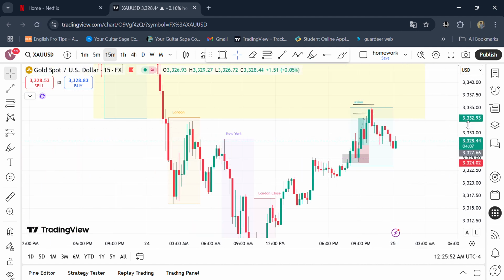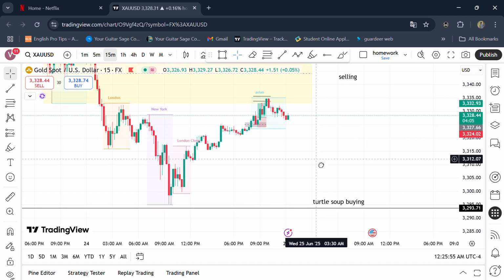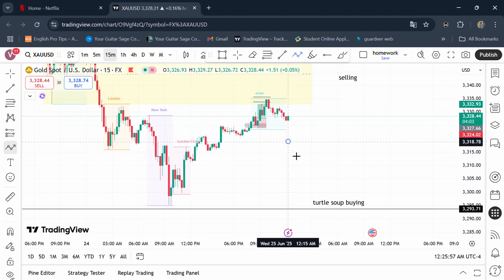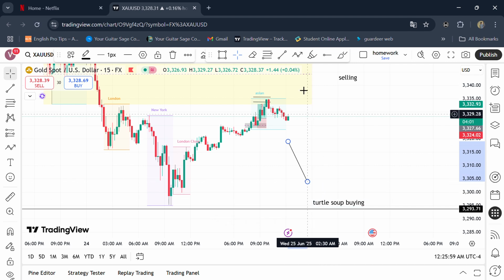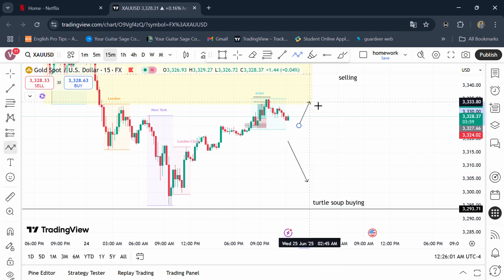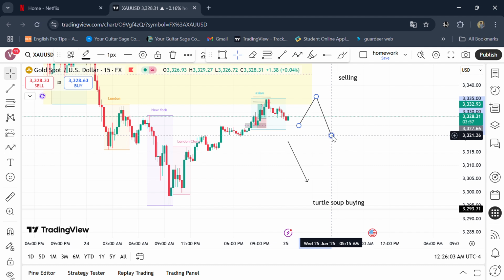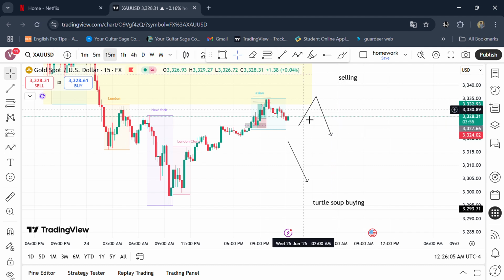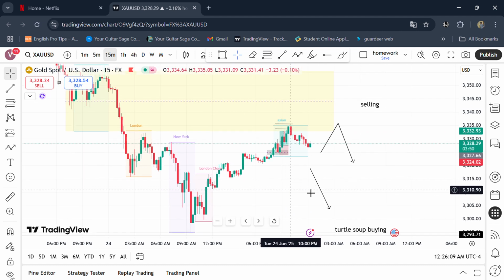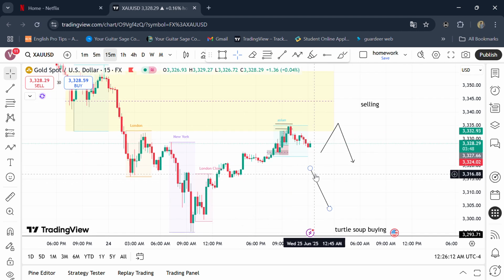So now there are only two levels where price can reach. Price can either go to this level, or it can bump into this level and then go down. So let's analyze both the scenarios.